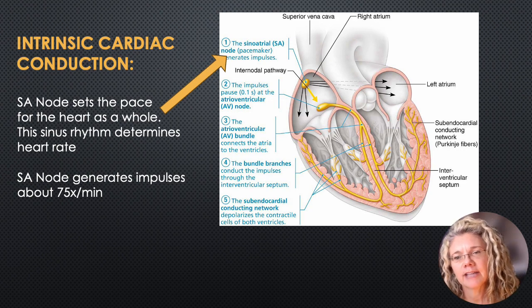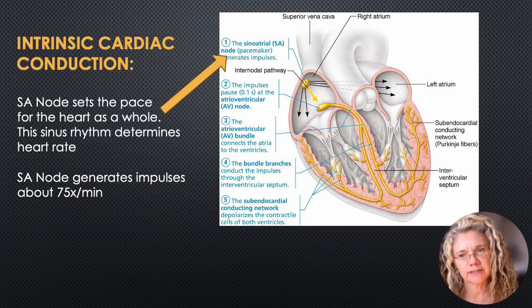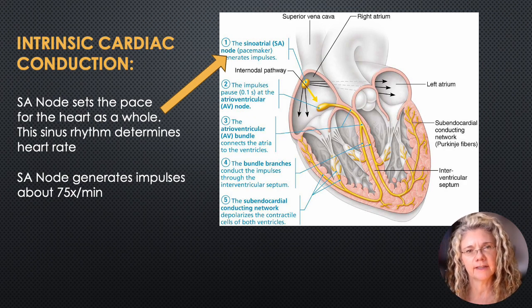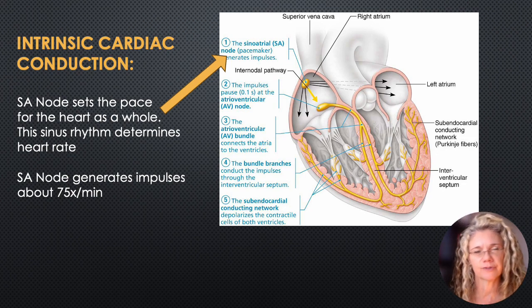As we go over this pathway, I want you to keep this in the back of your mind: electrical changes in this organ will cause pressure changes in the chambers, and eventually in the vessels going away from the heart. Those pressure changes inside the chambers are going to cause mechanical changes to the valves. So just keep that in the back of your mind as we go through this.